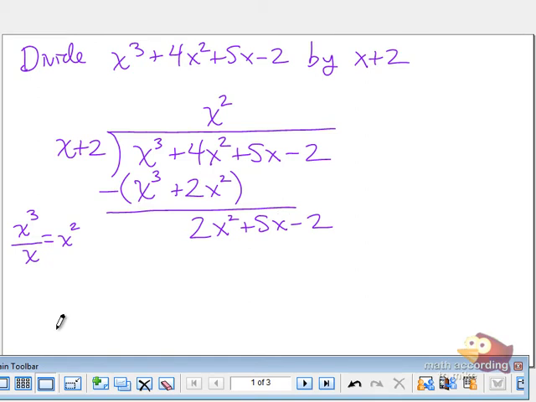Leading term over the leading term. So 2x squared now over x. What is that? 2x. Put that up top in the x column. Now what? Multiply. What is 2x times x?